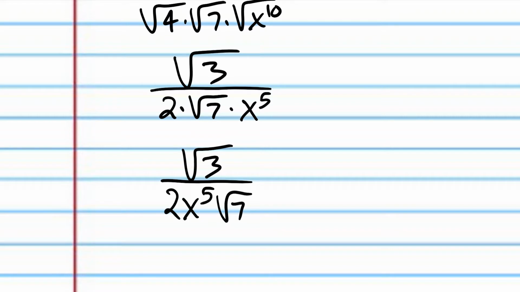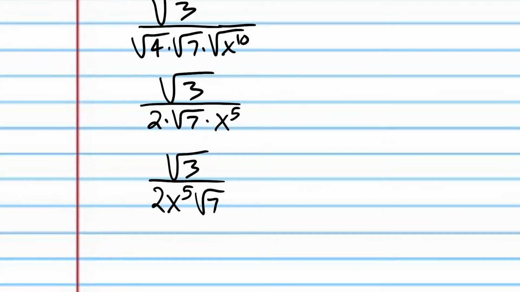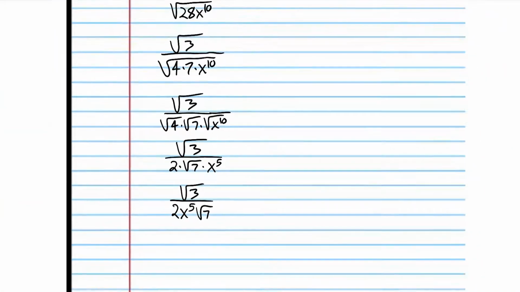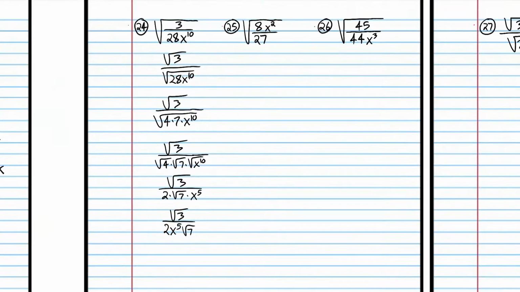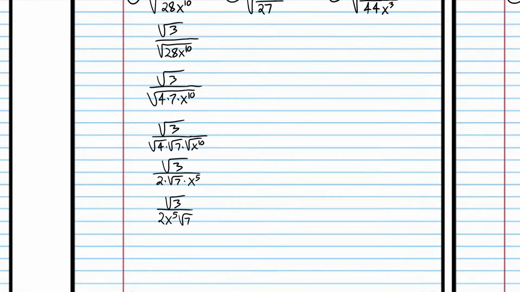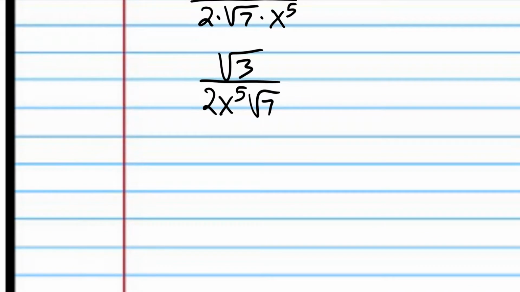root 7. And again, you might think, well, we're done at that point. But the problem is we have a root in the denominator. We took out the perfect square root in the denominator, but we still have a root in the denominator. So we're going to have to rationalize it.